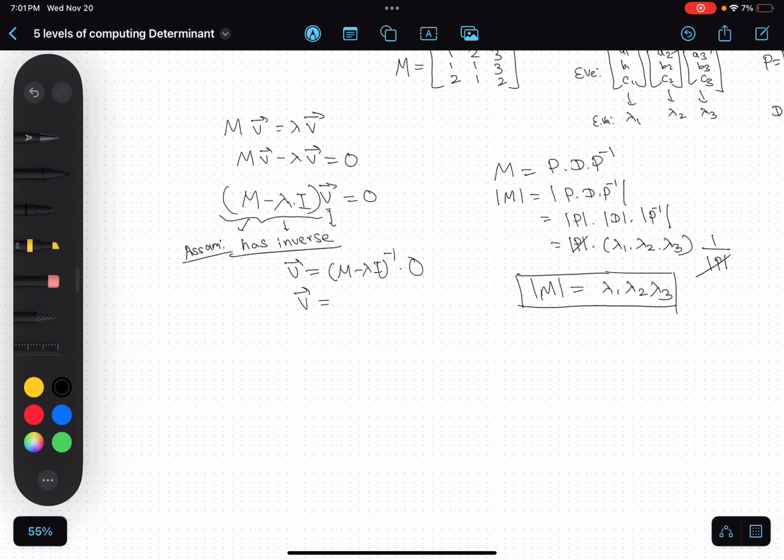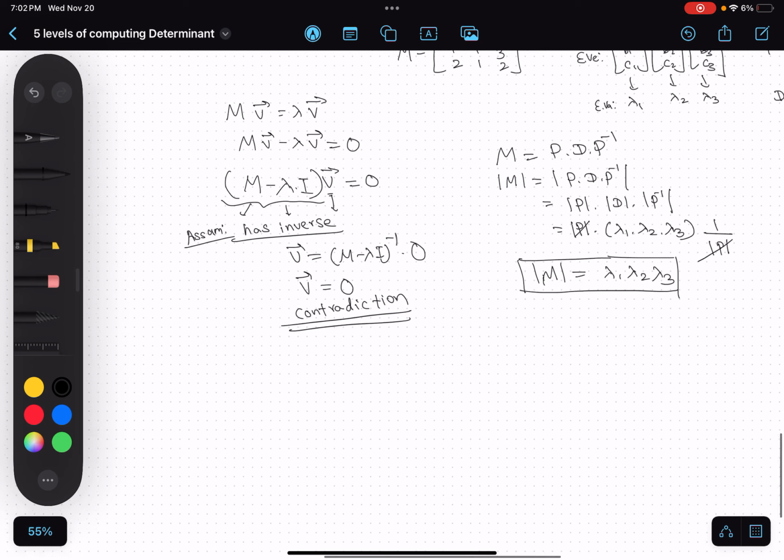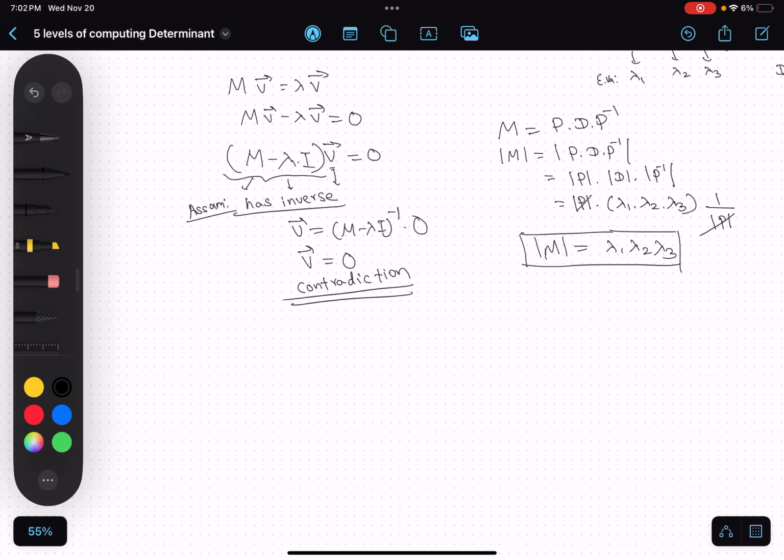Now we can see that this vector will just be zero. But we clearly know that the eigenvectors will not be zero. So this is a contradiction, and that means my assumption has failed: M minus lambda I cannot have an inverse in this case for the product to be zero. So if M minus lambda I cannot have an inverse, that directly implies that the determinant of M minus lambda I should be zero, because only if the determinant is zero does it not have an inverse, right? Because now it's a singular matrix. I guess you know that.